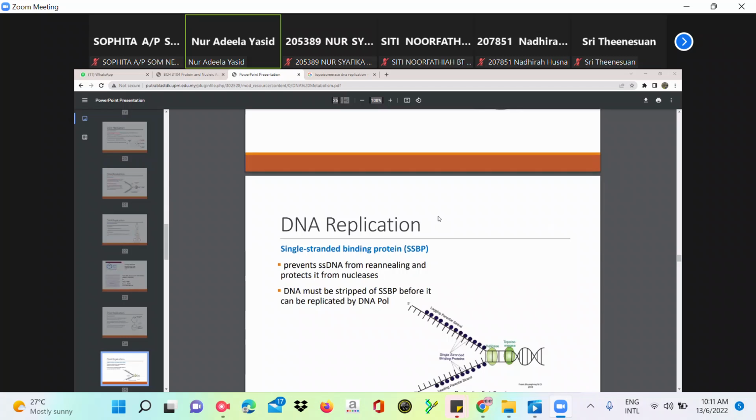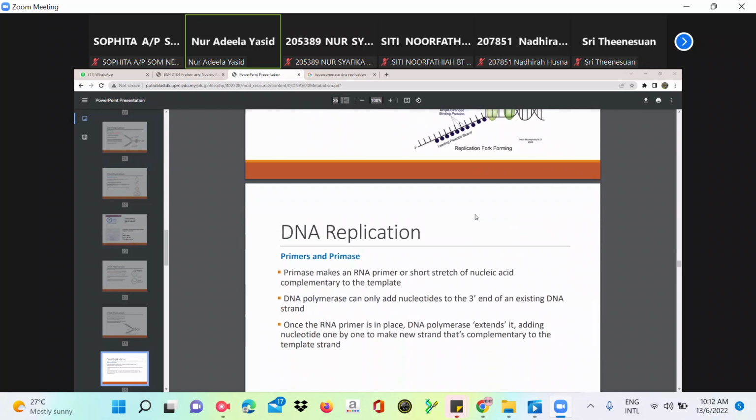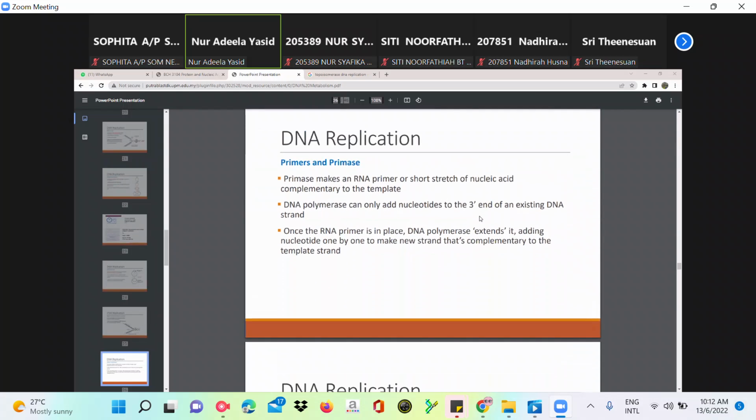A little bit on single-stranded binding protein: it prevents the single-stranded DNA from reannealing and protects it from nucleases. DNA must be stripped of this protein before it can be replicated by DNA polymerase. A little bit on primer and primase.